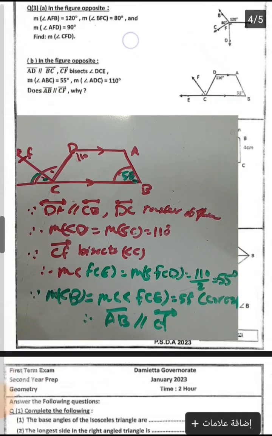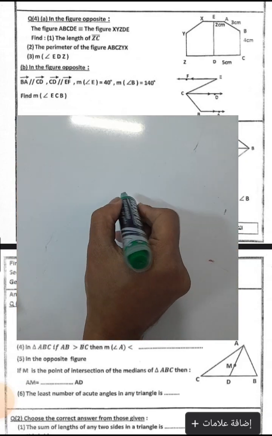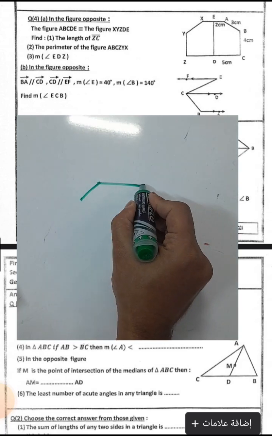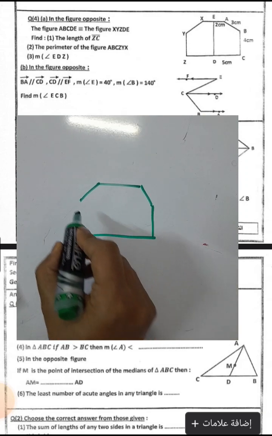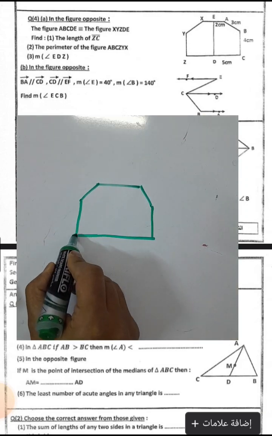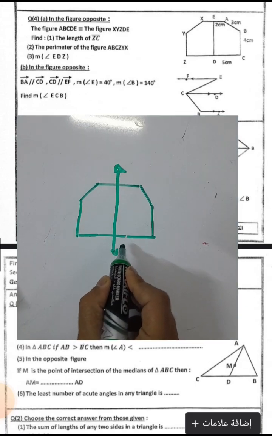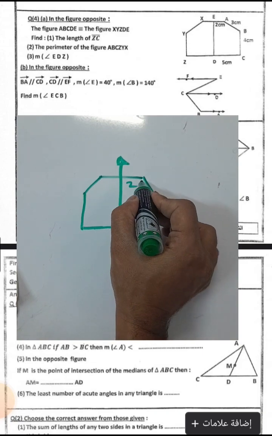Next question. We have two congruent figures here. You want to find the perimeter of the trapezium here. We have this shape here, and we have a straight line cutting them, and it was 2 centimeters.